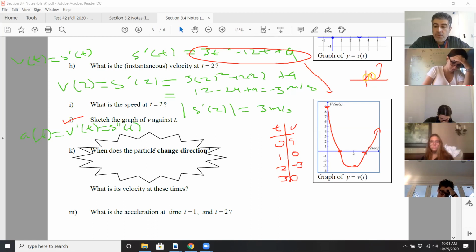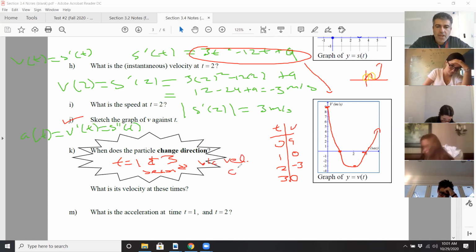So when does a particle change direction? It changes direction at t equals 1 and 3 seconds, because velocity changes sign. When the velocity goes from positive to negative or negative to positive, that's when you change direction. You could see it from the graph of the original.